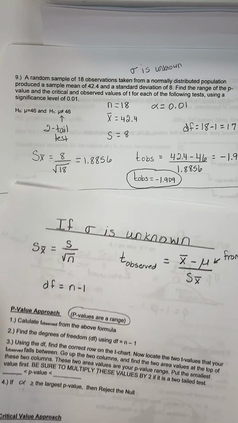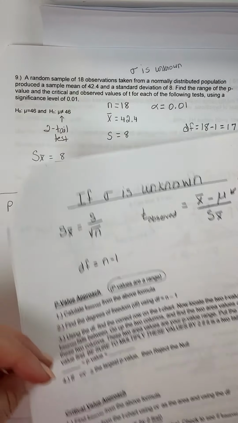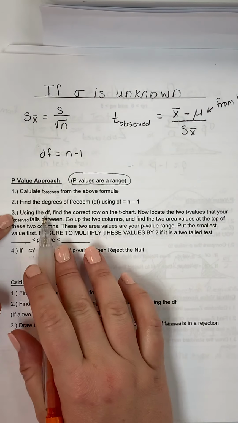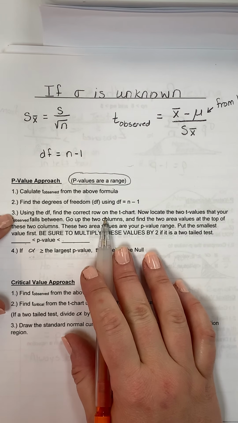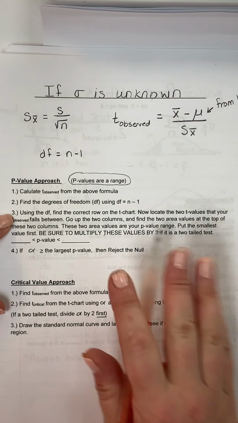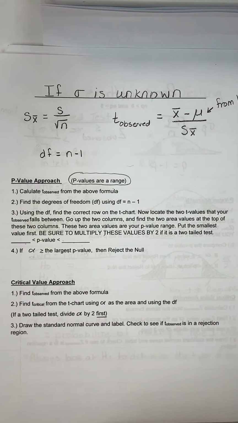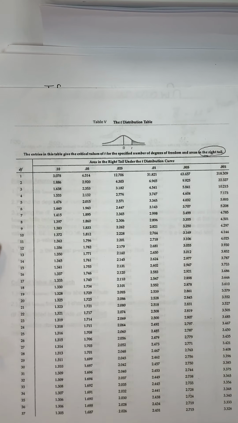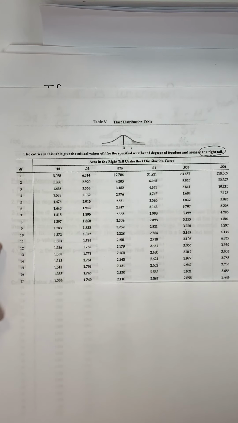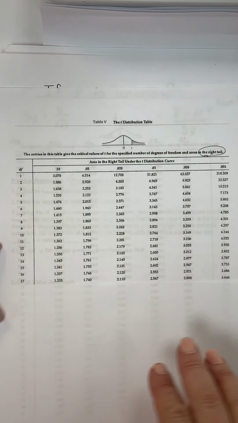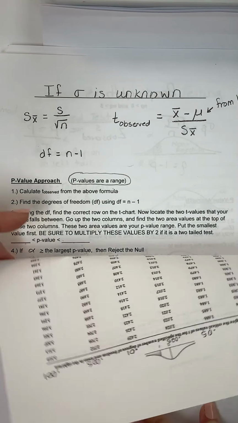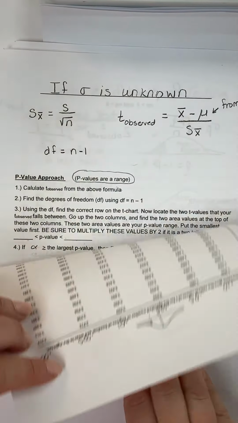Step 3, using the degrees of freedom, find the correct row on the t-chart. 17 degrees of freedom. Here we go. There's the correct row on the t-chart.